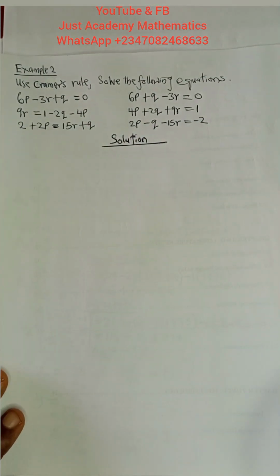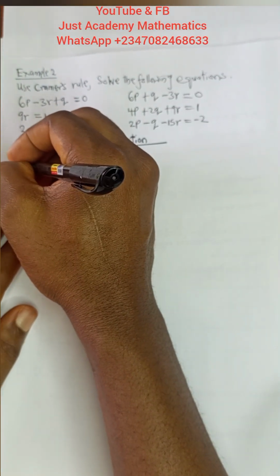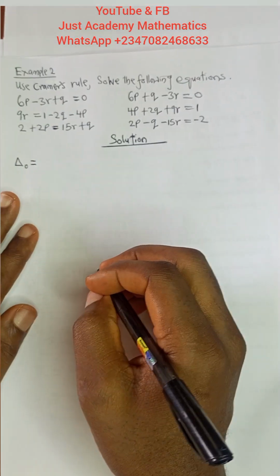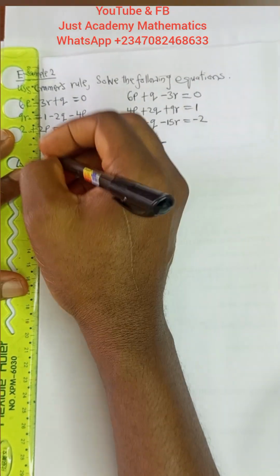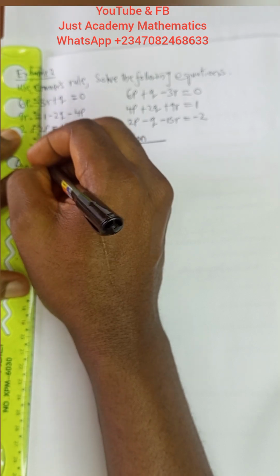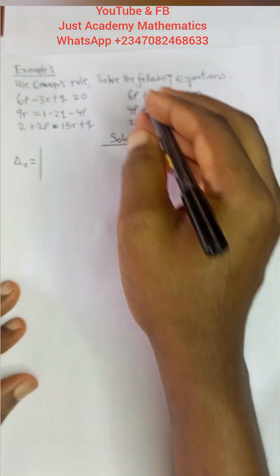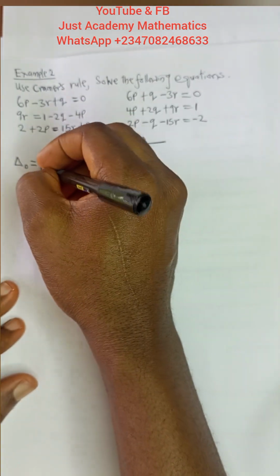With that, we can now proceed and go for change in 0. You know the procedure already. Change in 0 simply means the coefficients of P, Q, R. What is the coefficient of P here? 6. P in equation 2, 4.